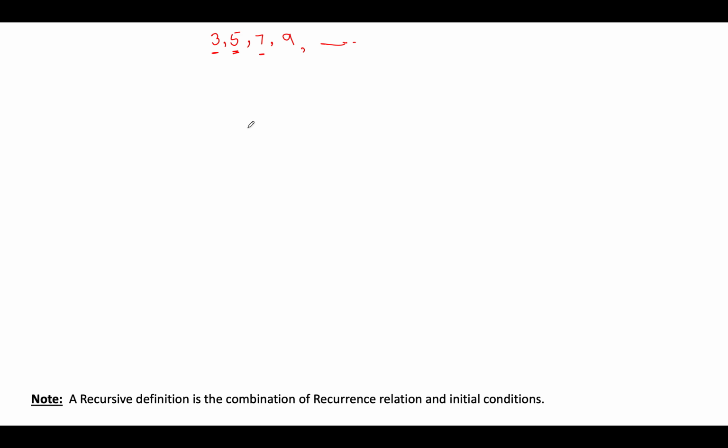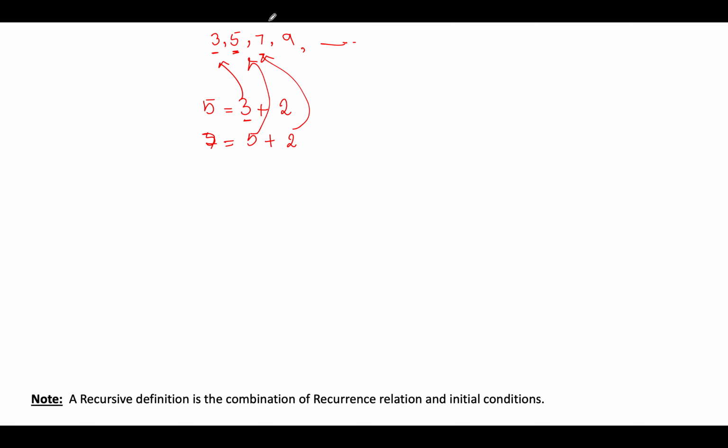Okay, so if we can see here, 5 is equal to 3 plus 2. 3 is the previous term. Okay, now let's see if this again happened with the next term. If we see 7 is equal to 5 plus 2. So here we got 5 as this term.